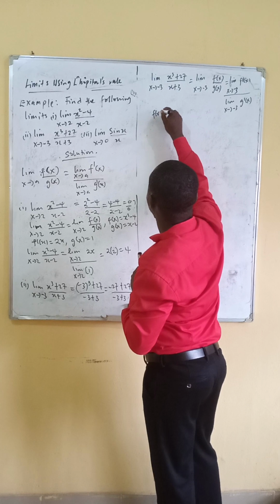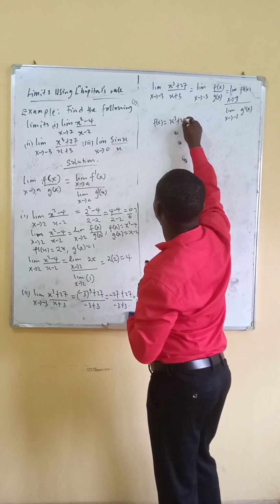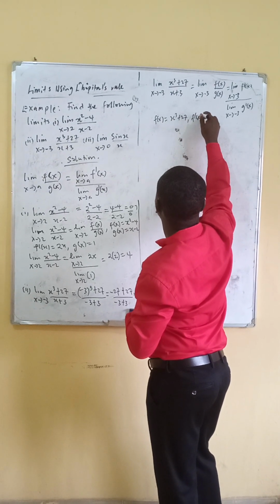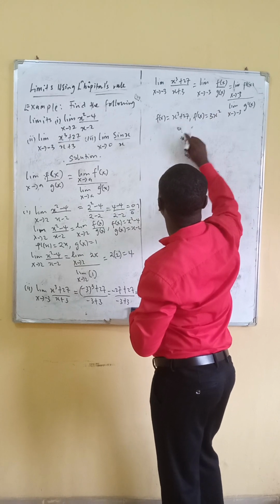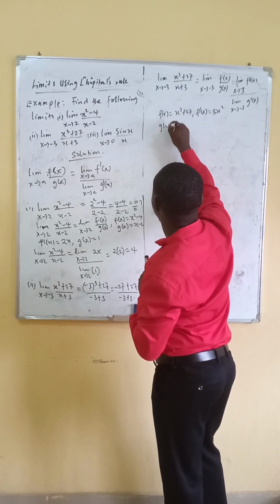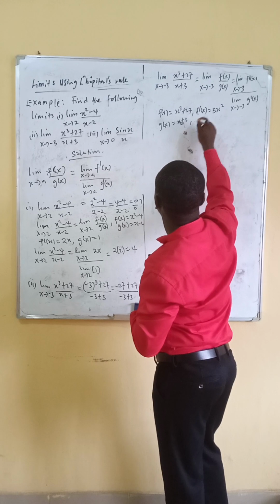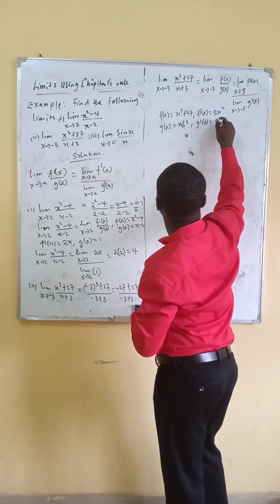Our f of x here is given by x cubed plus 27. f prime of x is 3x squared, and our g of x here is x plus 3. g prime of x is 1.